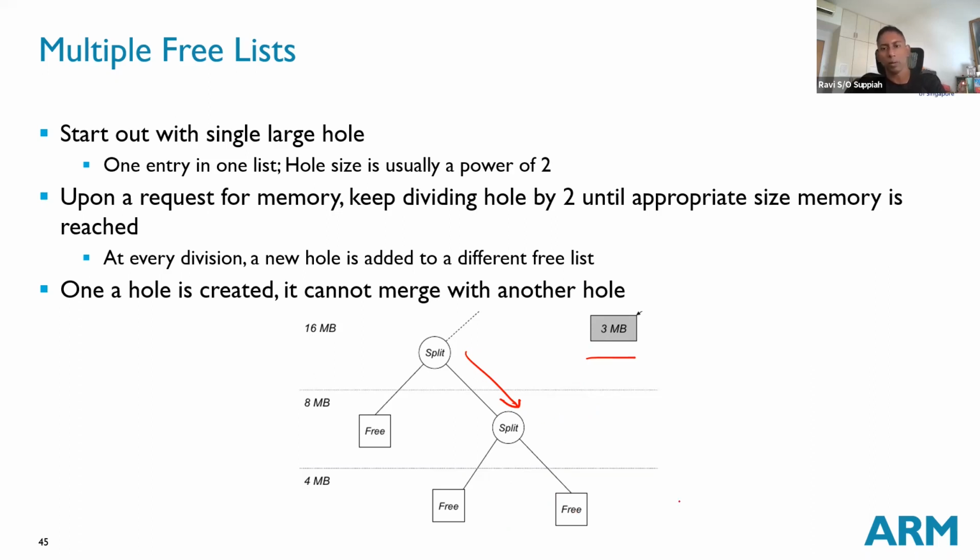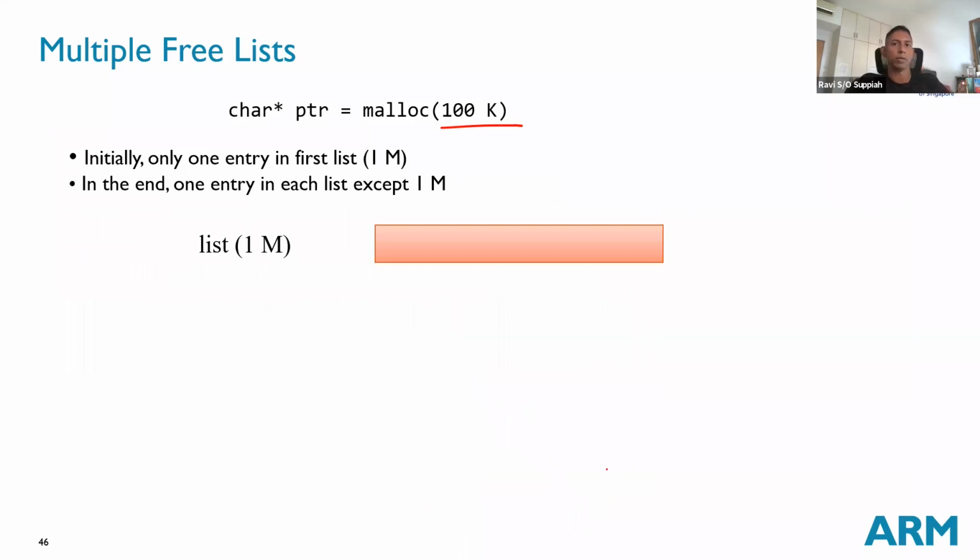I don't need to split all the way first, but can split as and when the request comes in. So this 3 megabyte request could be allocated to one block here, and subsequently I can use the next block to divide even further if I have another smaller request. That is one example of how you can use free lists.